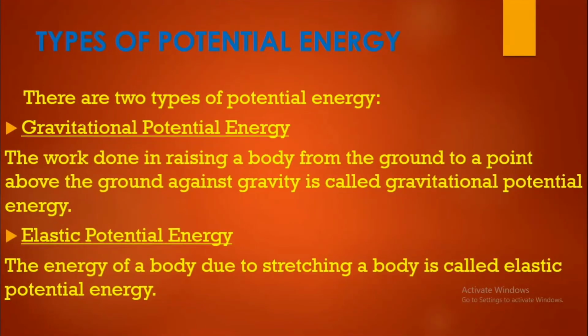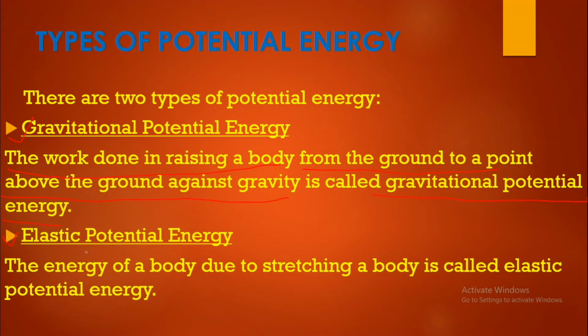So types of potential energy: gravitational potential energy and elastic potential energy. So what is gravitational potential energy? The work done in raising a body from the ground to a point above the ground against gravity is called gravitational potential energy.